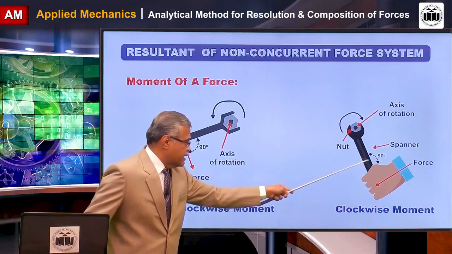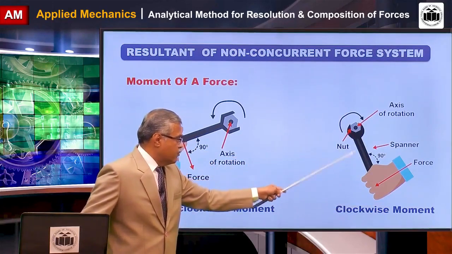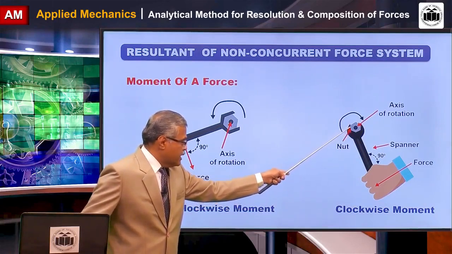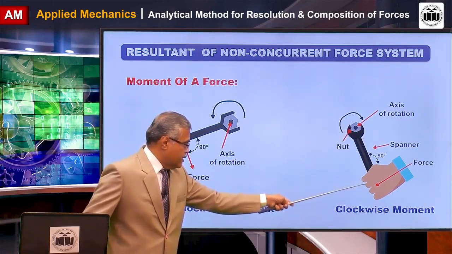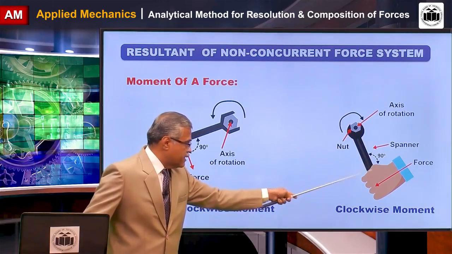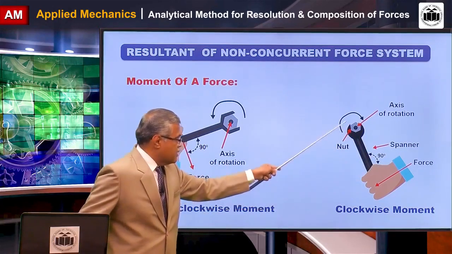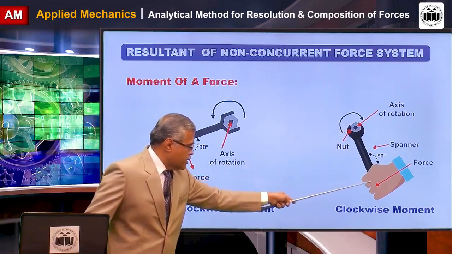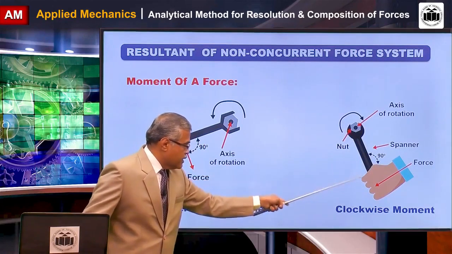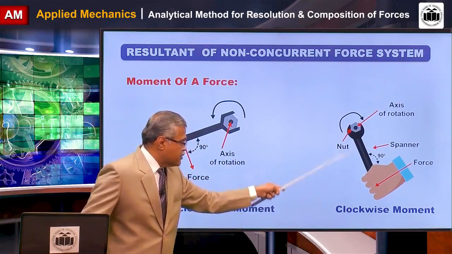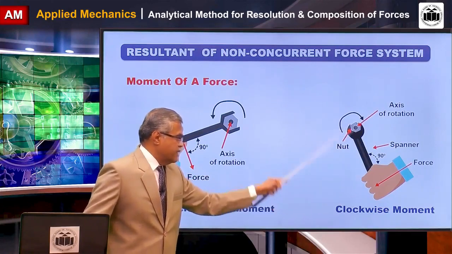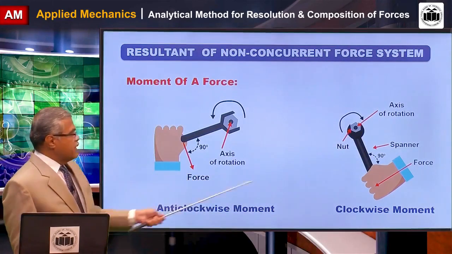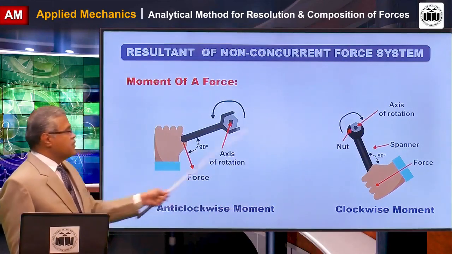Again the angle is 90 degrees. So every time we need the angle between the line joining the point of rotation and the line of action of the force to be 90 degrees. F is like this, and the point of rotation is over here. If I drop a perpendicular on this line of action, then this becomes the arm of this particular moment. So we can explain the anti-clockwise and clockwise nature of moment with the help of these two diagrams.